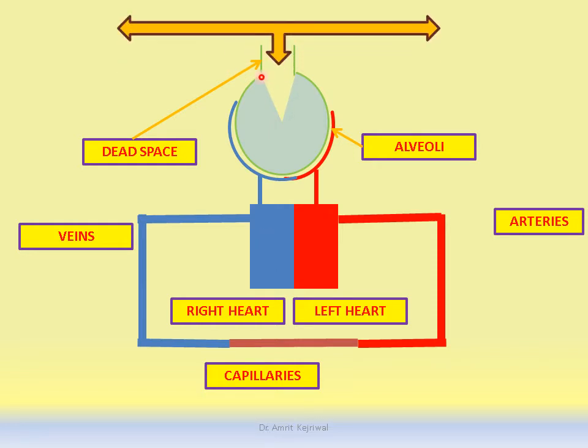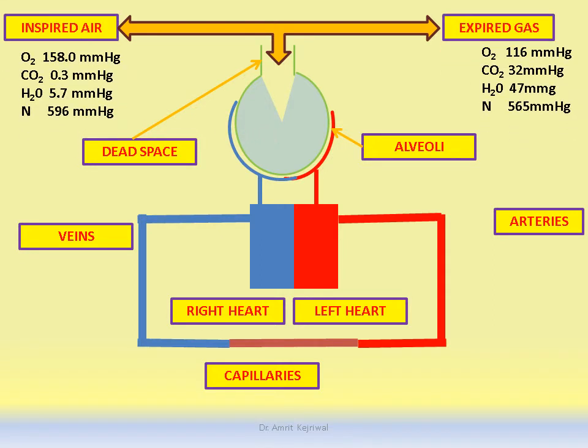Air comes in and out of the alveoli, occupying the dead space and alveoli, and let us see the difference in concentration of the inspired and expired gases. In the inspired air, the partial pressure of oxygen is 158 millimeters of mercury. In the expired gas, it is 116. Carbon dioxide in the inspired is 0.3. Expired air, it is 32. Water pressure is 5.7 in the inspired air.